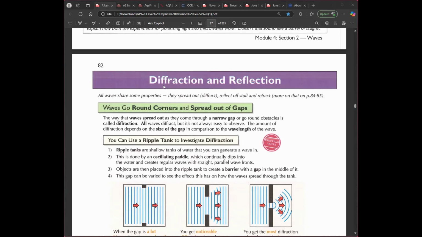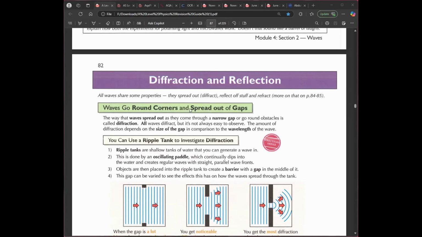Diffraction is the spread of waves when they go through some slit or some small space or around a corner. So light, we know that it travels straight, but if the size of the gap or the slit or any spacing is comparable, sorry, not smaller, comparable to the wavelength of that wave, you will see the phenomenon of diffraction, which means that it will still go straight, but it will kind of spread out of the slit.